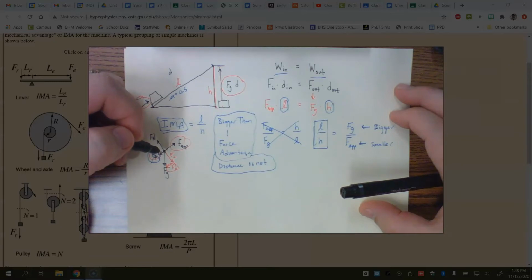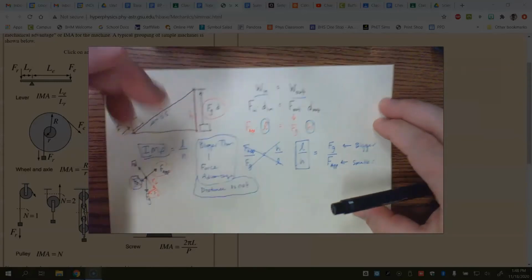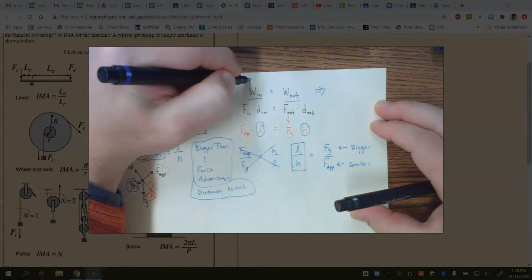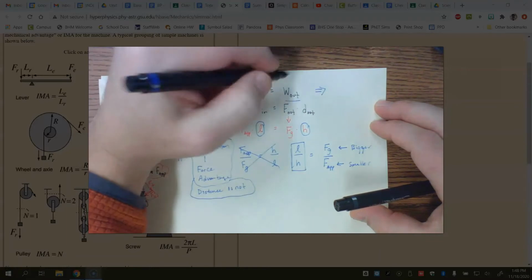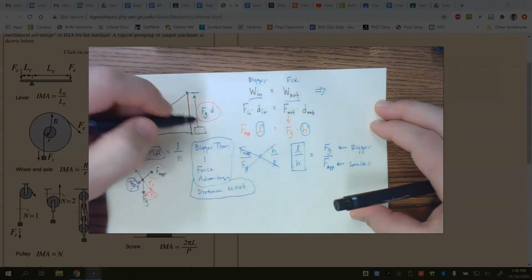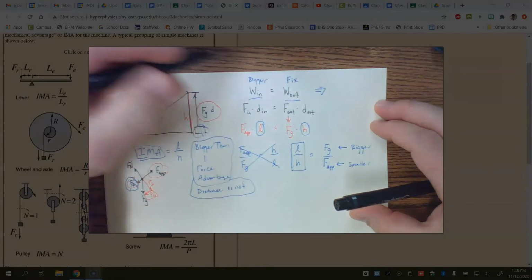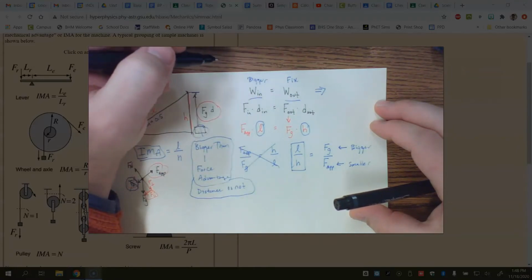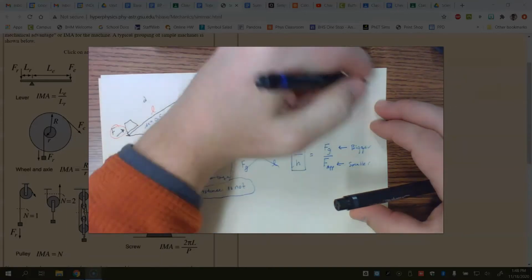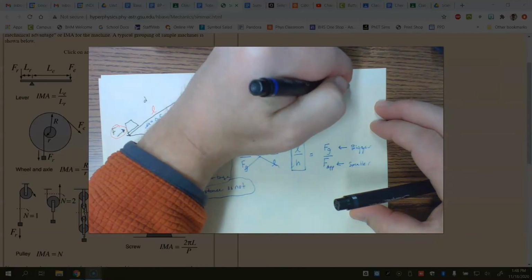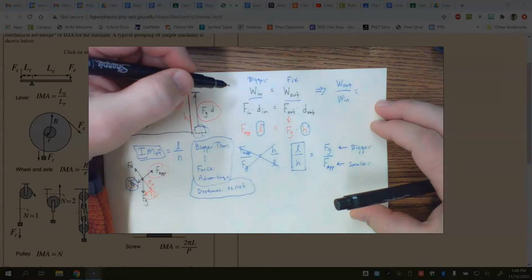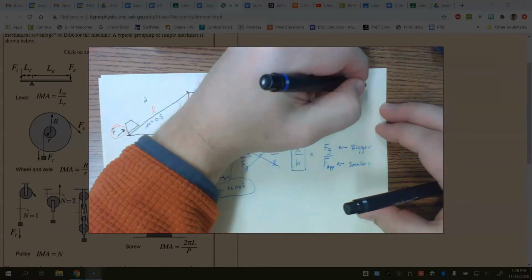So we see this as an efficiency loss. So friction is taking away some of this. What this really looks like over here is that the work in is bigger than the work out. So this is a fixed value. You can't change that because we want to lift this box up this high. But now we're putting in more because of that friction force that's there. So really when we look at this, the work out over the work in is causing this to give us a loss in efficiency.